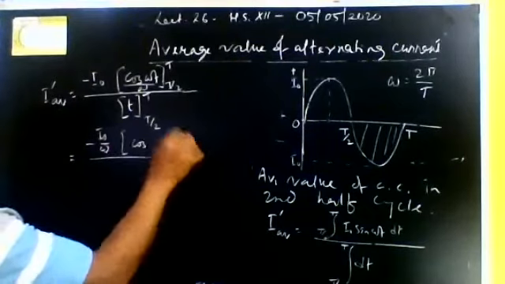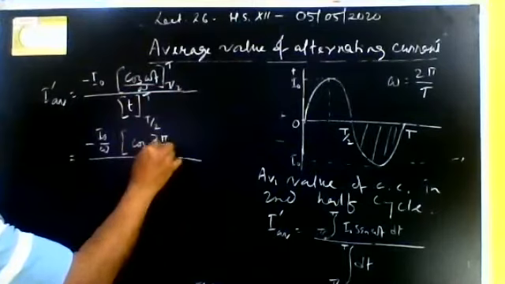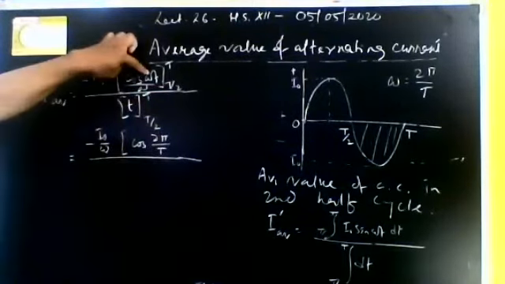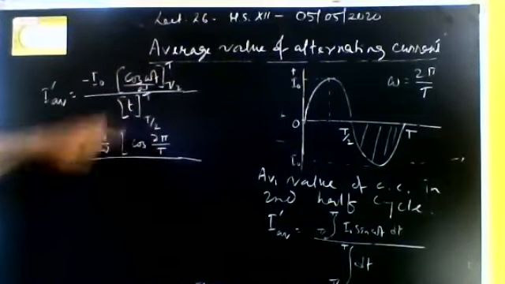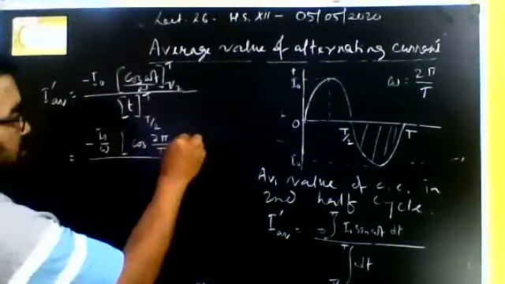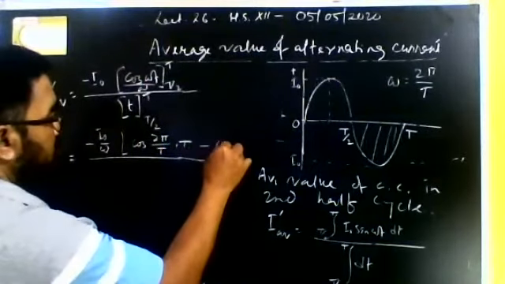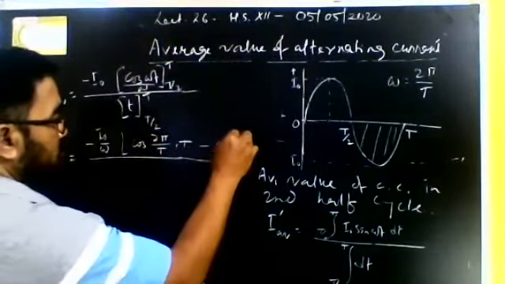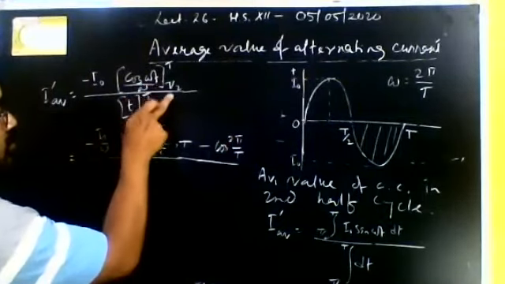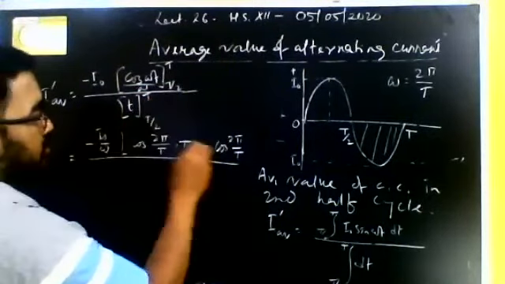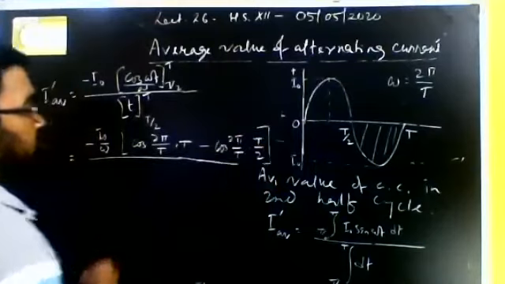In place of ω, you can write 2π by capital T. In place of small t, you can write the upper limit as capital T, right? Minus cos, again 2π by capital T. Now, in place of small t, you are to write the lower limit, capital T by 2. Okay, this is the way.